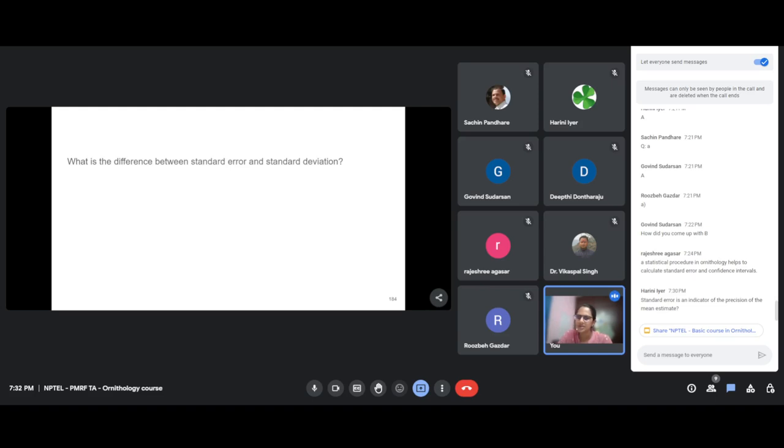I think even Sohail has mentioned that it can get confusing when people interchange standard error and standard deviation. But one of the most important things to remember is that standard error is used for a population level mean, not the sample means, right?